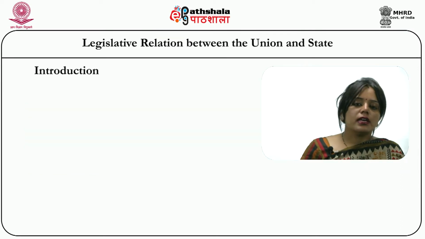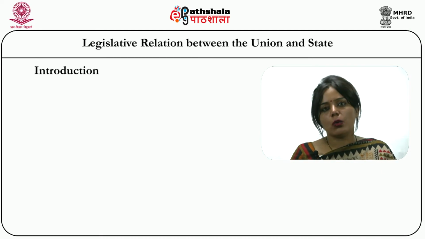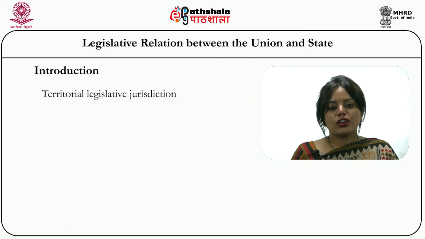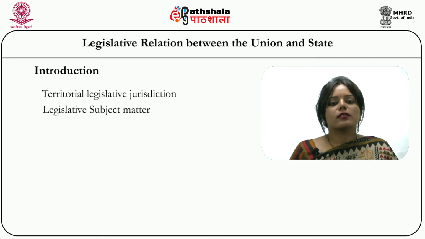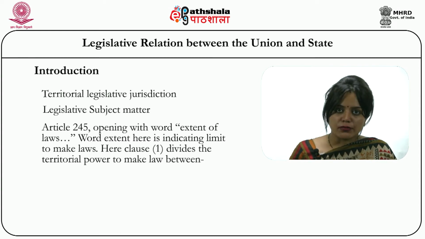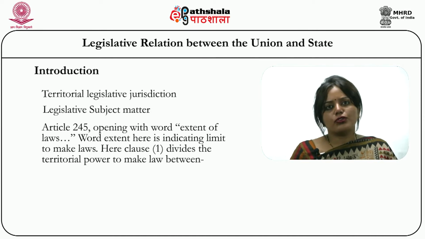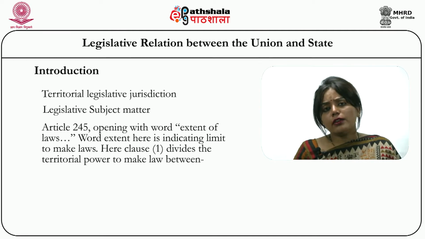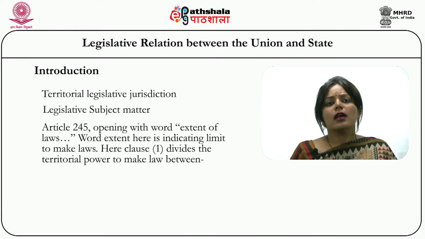So students, here I will discuss the distribution of legislative power, which is based on territory and on legislative subject matter. Article 245 of the Indian Constitution talks about territorial legislative jurisdiction, and the opening words of this article are extent of laws.